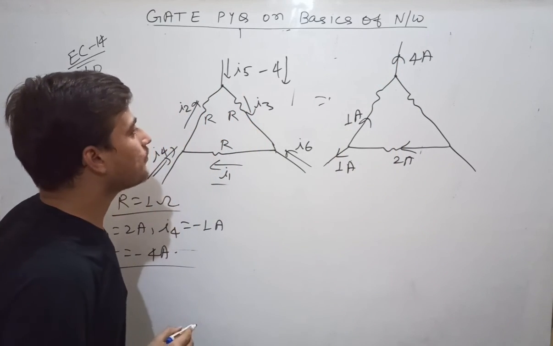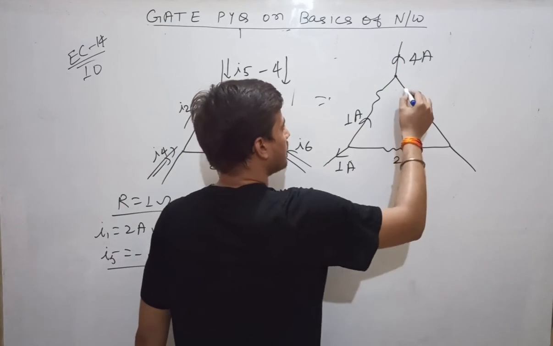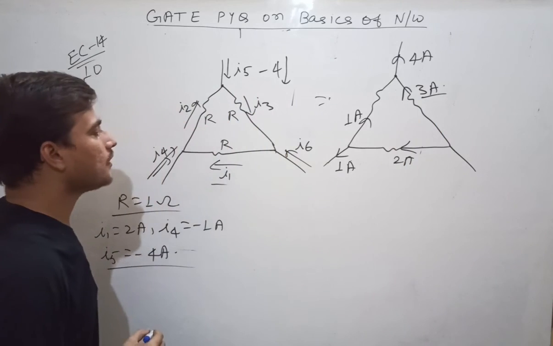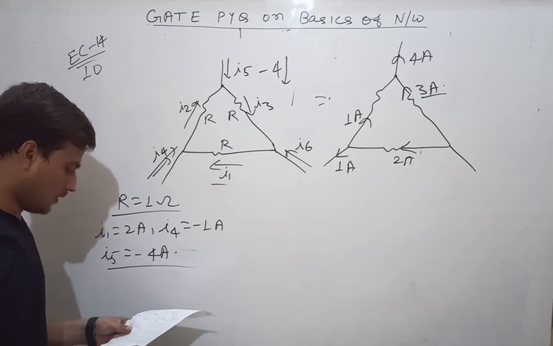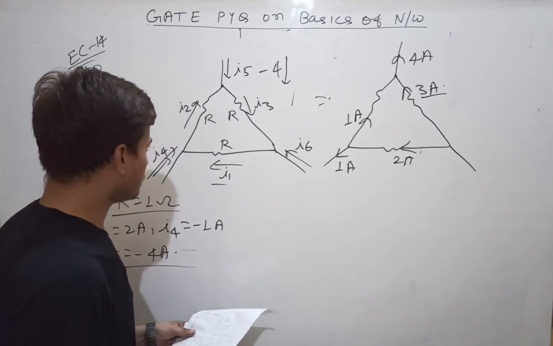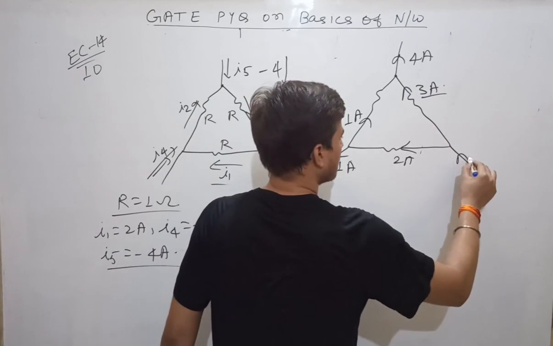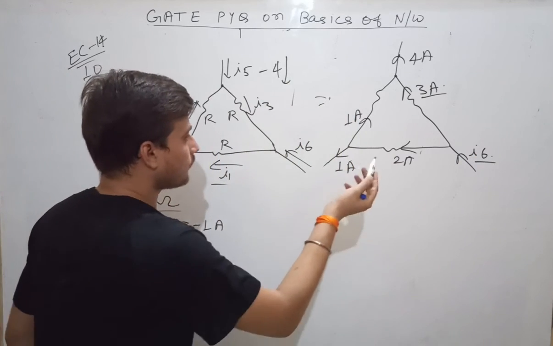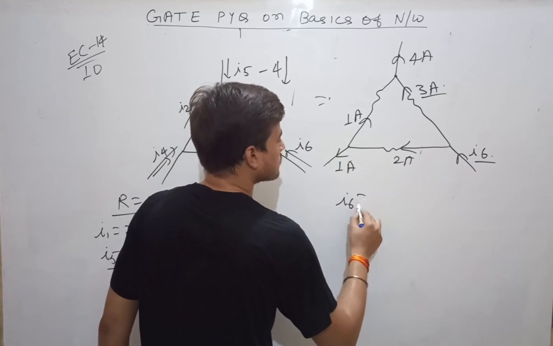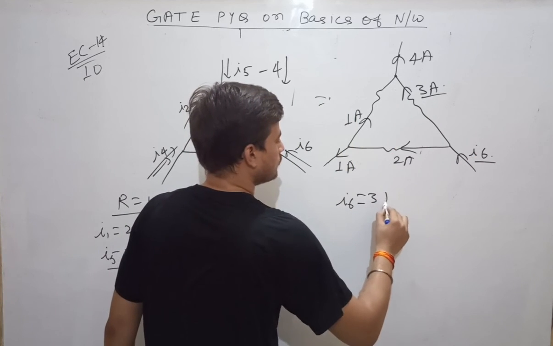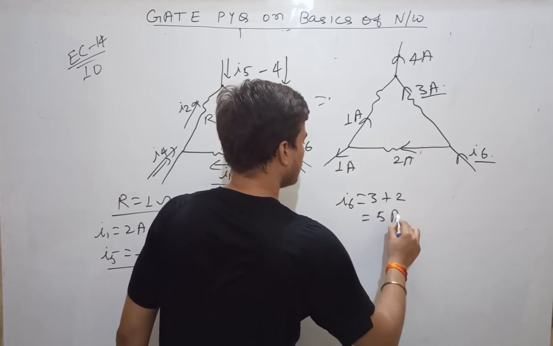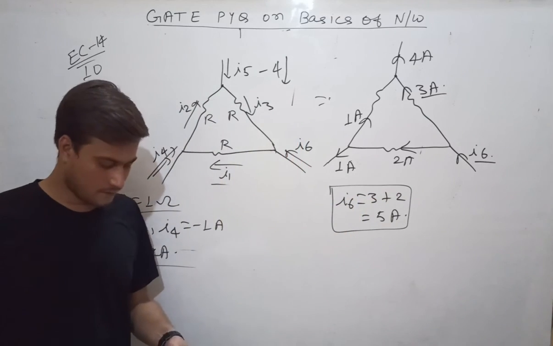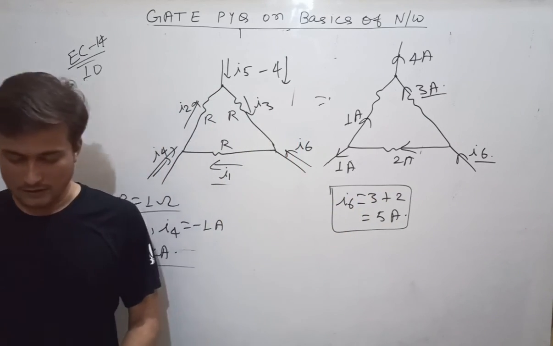That means 3 ampere of current is entering through this one, and this current is your I6. So if you calculate, I6 will be the sum of 3 ampere and 2 ampere. That means I6 will be equal to 5 ampere.